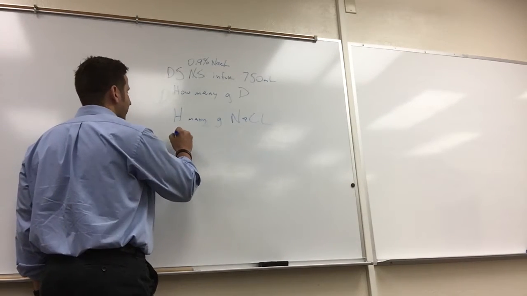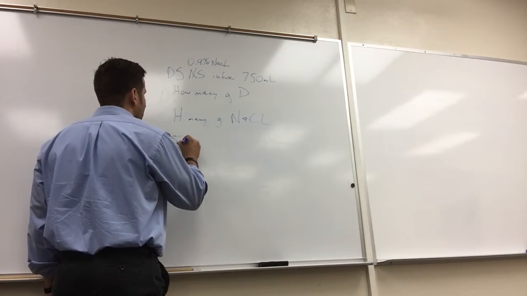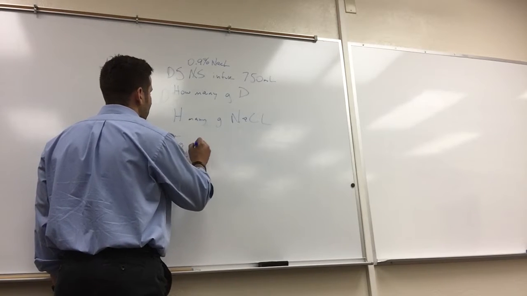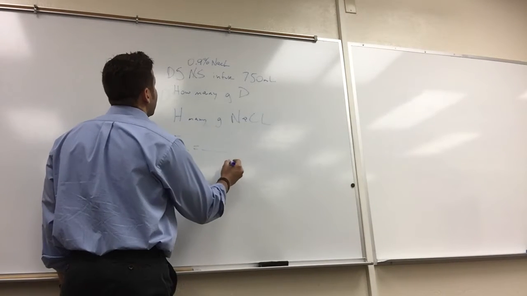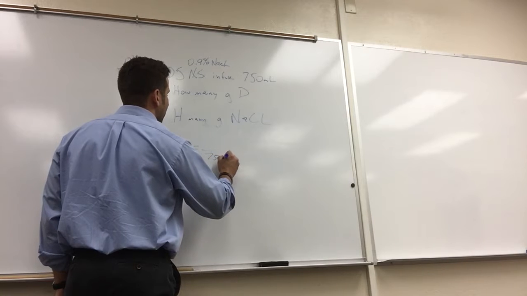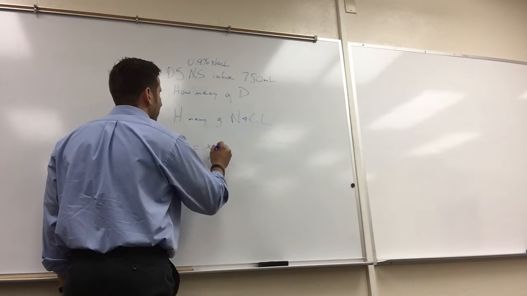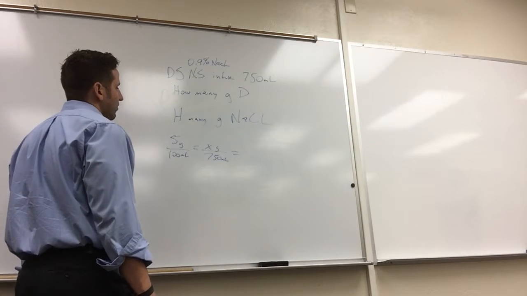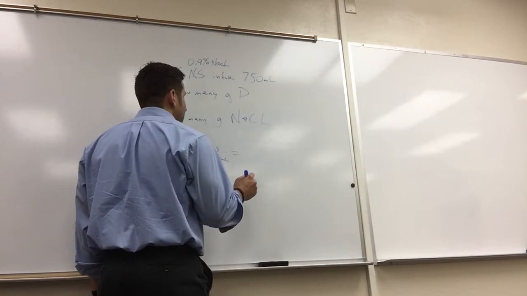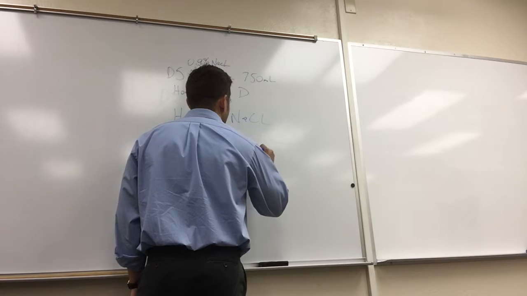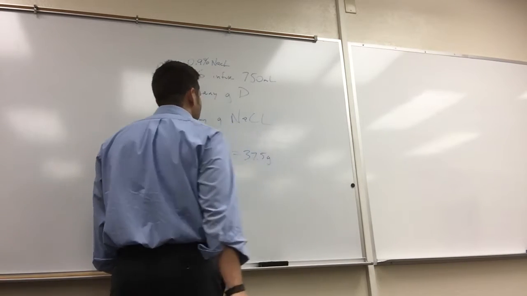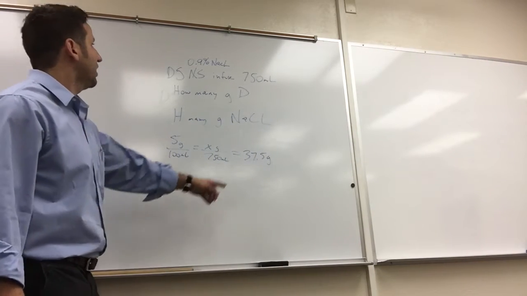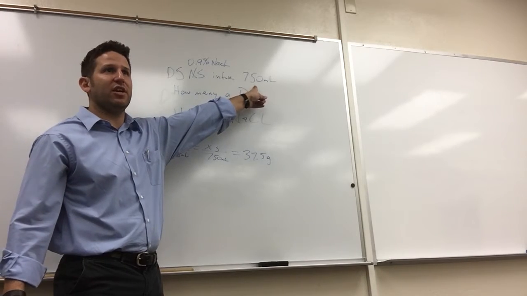Dextrose. So I have a 5% solution. I have 750 mLs. So 5 times 750 divided by 100 is 37.50. 37.5 grams in my 750 mLs.